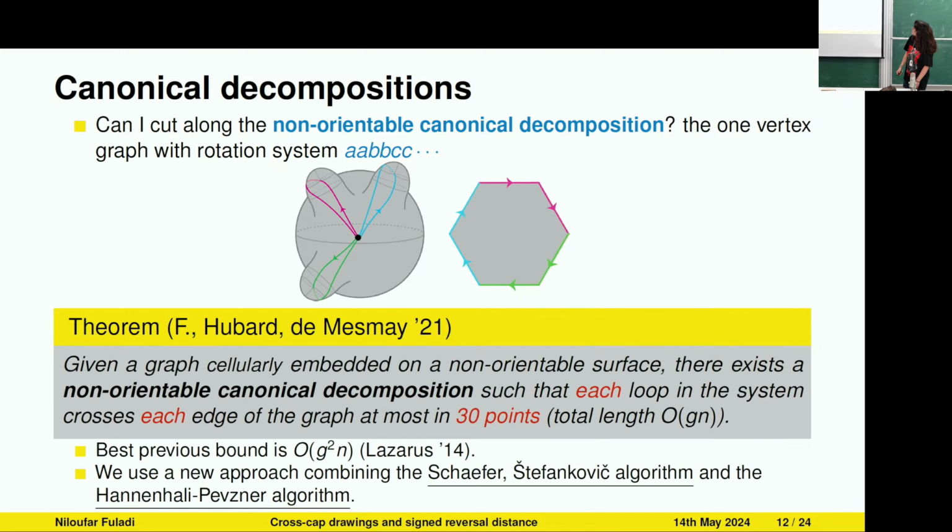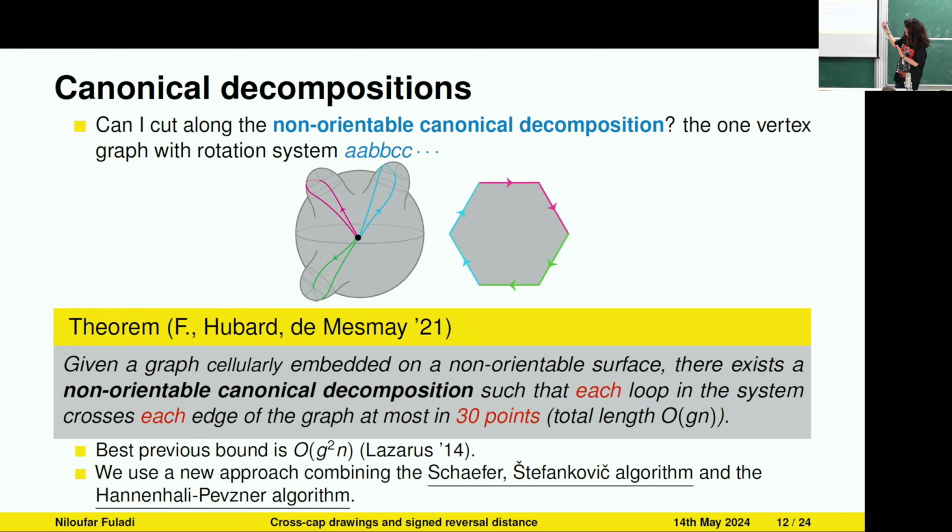This is our result: we prove that if any graph is embedded on a non-orientable surface, you can compute a canonical non-orientable decomposition in which every loop is crossing every edge at most 30 times. It's a little bit too much, but we don't care because it's constant and it gives us order of gn, and we're happy about it.